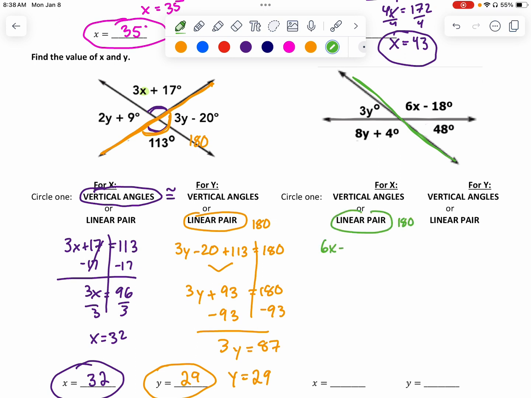So I'm going to do 6x minus 18 plus 48 equals 180. So we're going to combine like terms. So 6x plus 30 equals 180. So if we subtract 30, we get 150. And if we divide by 6, x equals 25.